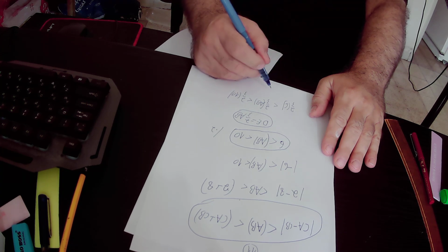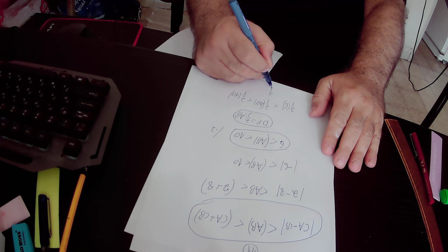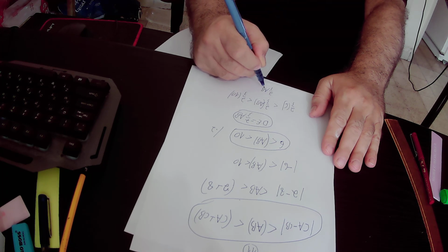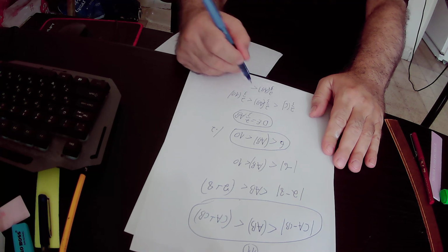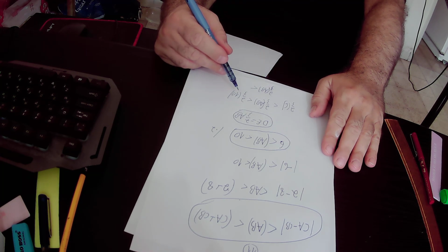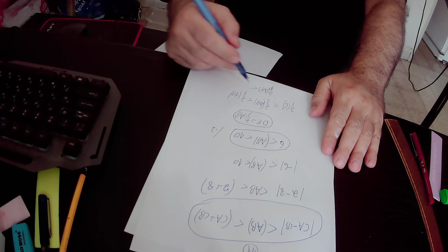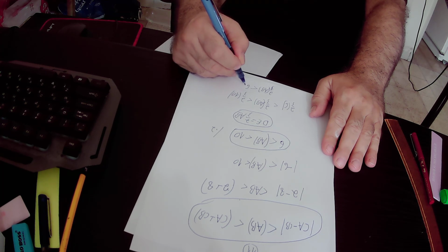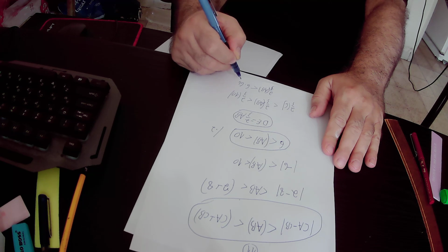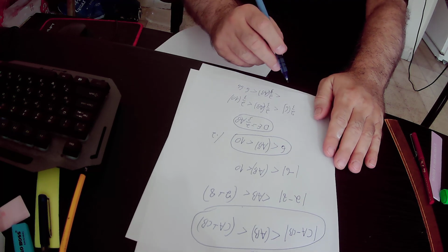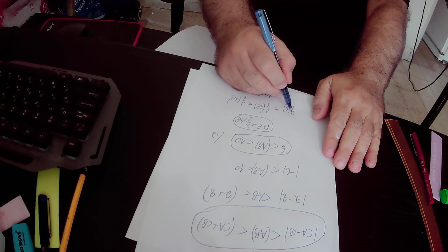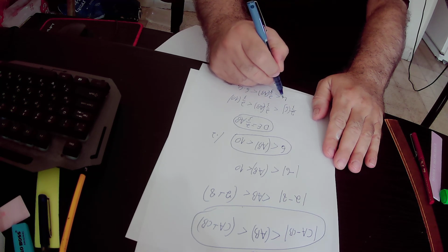So 2/3 AB is smaller than 2 times 10 is 20, and 20 over 3 is 6.66. And 2 times 6 is 12, and 12 over 3 is 4.